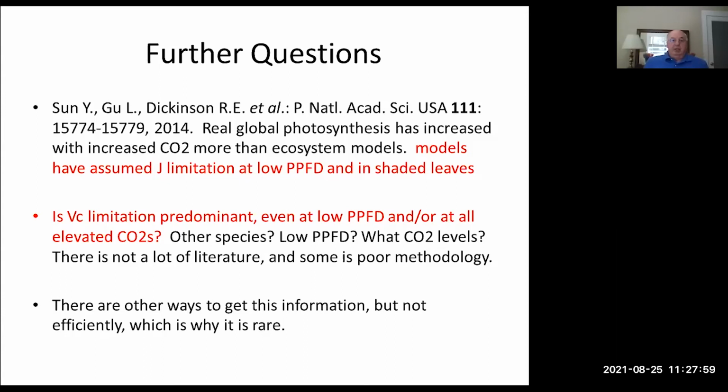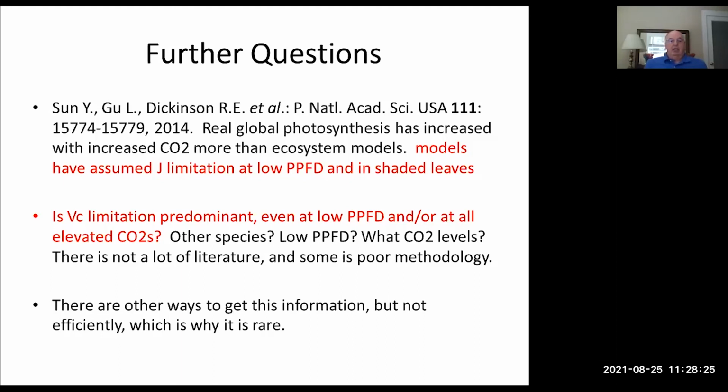The question then, after looking at these three species, is whether carboxylation capacity limitation is predominant even at low PPFD and at all elevated CO2 levels. So what about other species? How low does PPFD have to be? What about higher or lower CO2 levels than I've looked at?